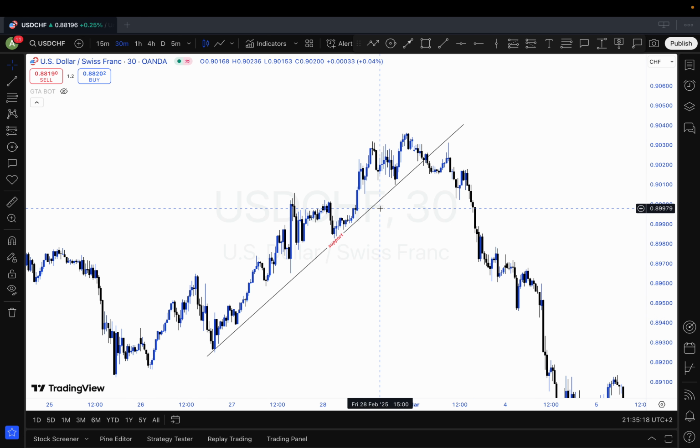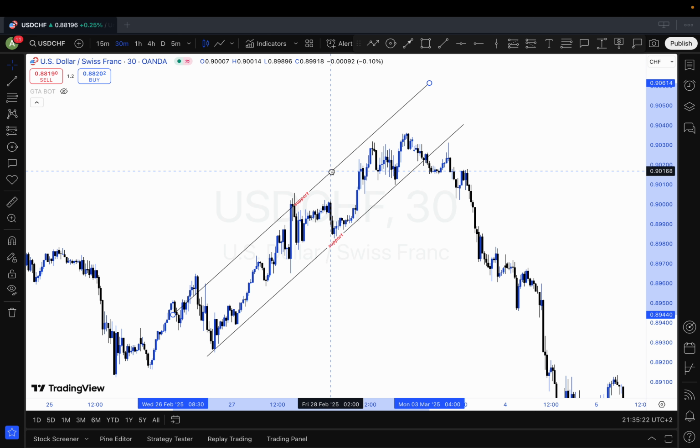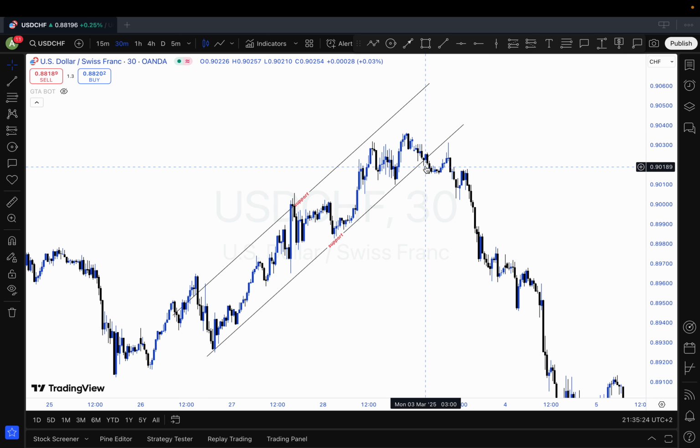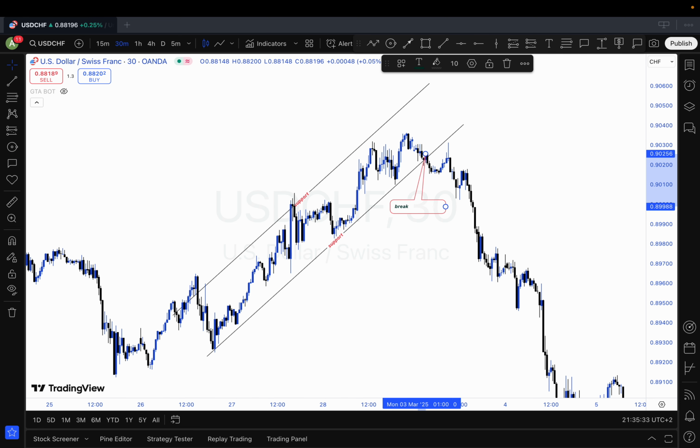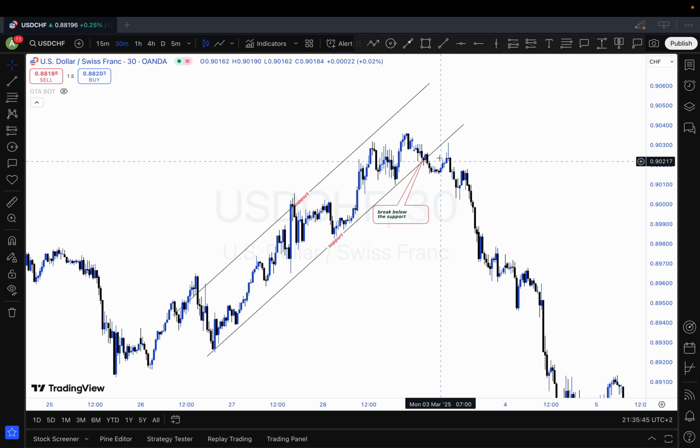So support, this is quite a nice support. And then we have a retest. Do we see we already broke out? We broke below the support, and then we have a retest over here.